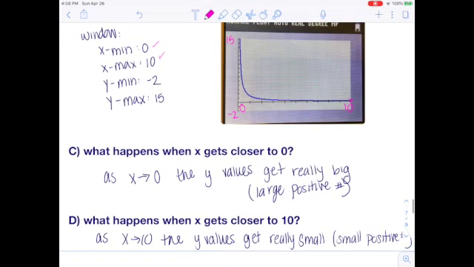On the next problem, part D, what happens as x gets closer to 10? So as your x values increase to 10, what's happening to your corresponding y values? They're really small, right? So I would say as your x goes towards 10, the y values get really small or approach 0.